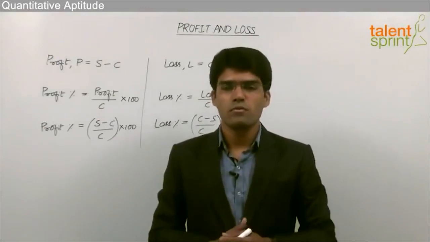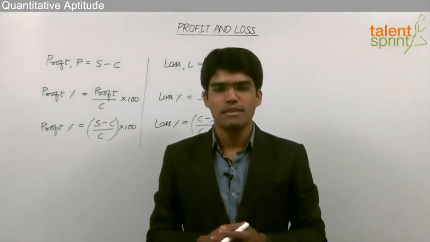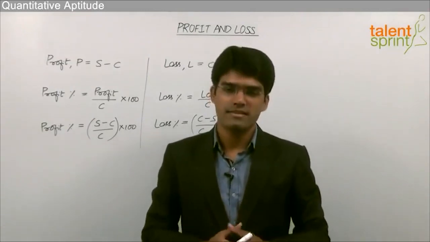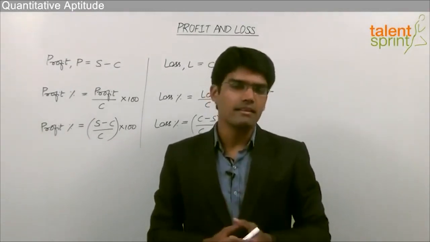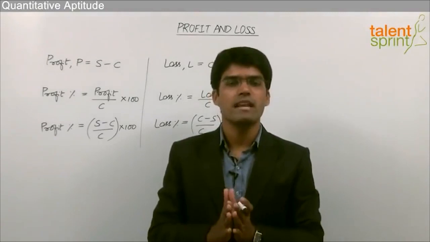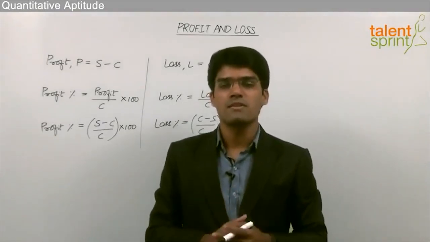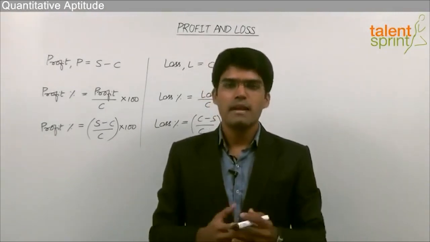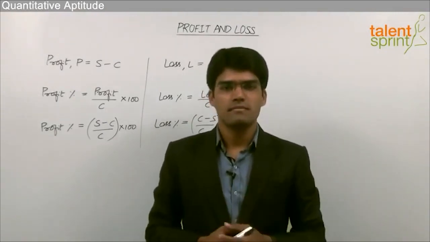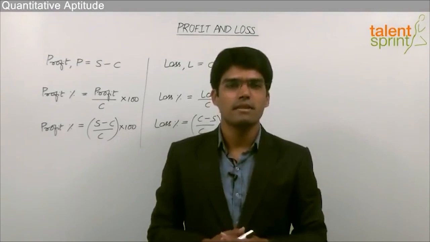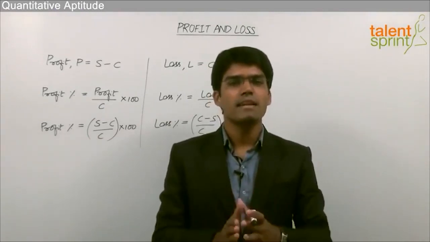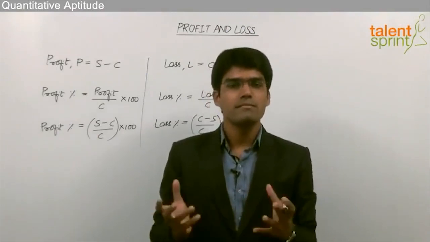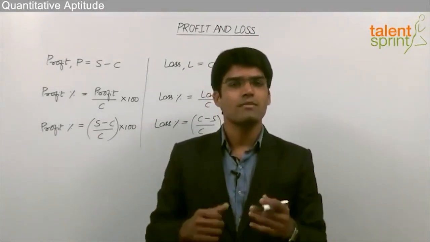After learning about how to find out profit or loss in terms of rupees, let us now understand how to calculate profit and loss in terms of percentages. As discussed earlier, it is customary that we always calculate profit or loss in terms of percentages so that the comparison becomes simple. For example, if I say that there are two businessmen, businessman A and businessman B. Now, when we say that A has made a profit of 10 rupees and B has made a profit of 100 rupees, we simply cannot compare their profit in terms of rupees.